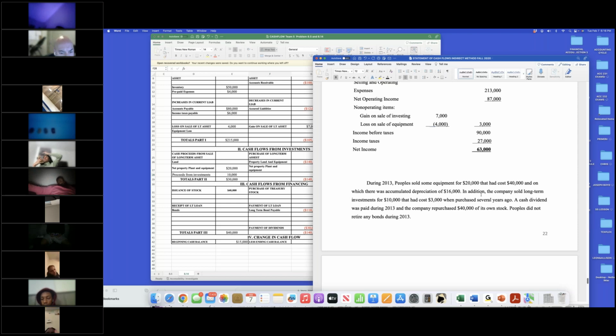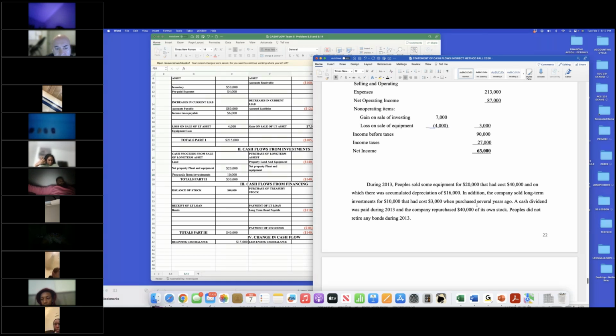And then it sold the equipment. Wait a minute, where's my long... this is the equipment here. And where's that investment information? Oh, the investment sold for 10,000. So it's telling you what those numbers are. You needed 10,000 and 20,000 in here.